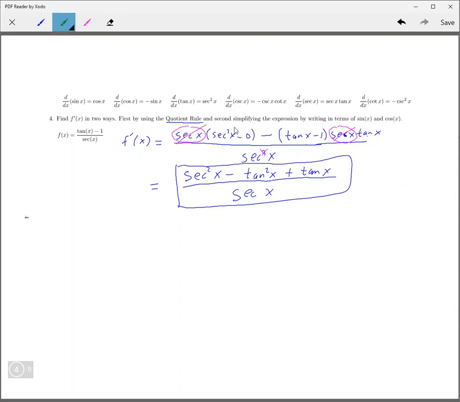Okay, now for the second answer. Second is by simplifying the expression first and writing it in terms of sine x and cosine x. Okay, so tangent x is sine x over cosine x, and secant x is 1 over cosine x.